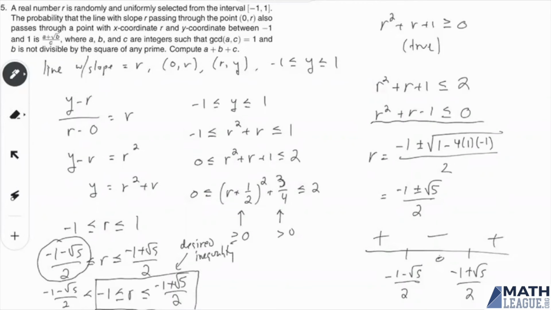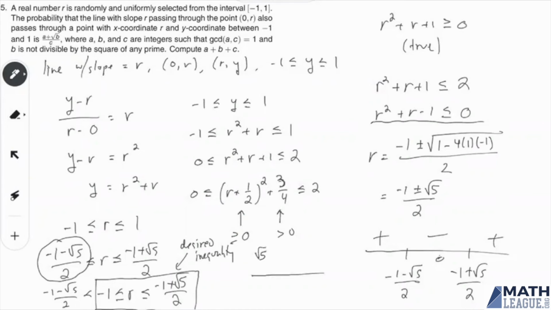That's our actual bound for r, because -1 minus root 5 over 2 is less than -1. So we have to exclude those values between -1 and -1 minus root 5 over 2, because that's out of our range for r given in the problem. So we're done. We just need to find the length of this interval.